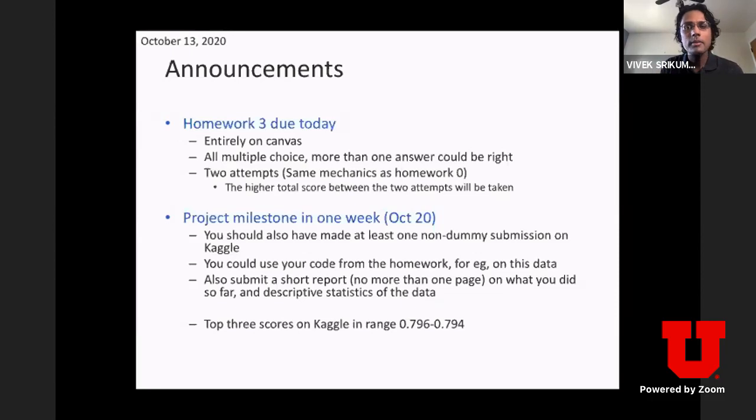It's meant to simulate the situation where you are a data scientist and you're given a data set and you're told, I need a machine learning solution. What do you do? So you have to try different things. You have to look at the data, get a feel for it. And this is a bit of an art.